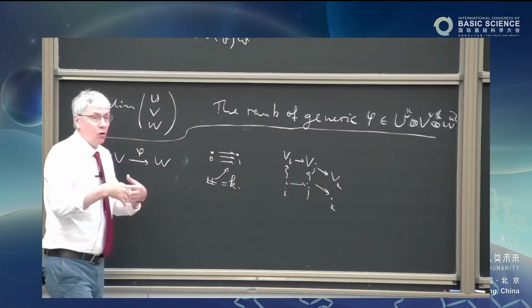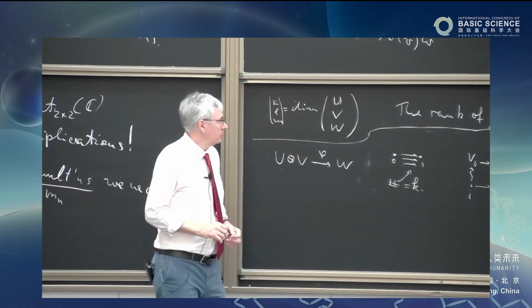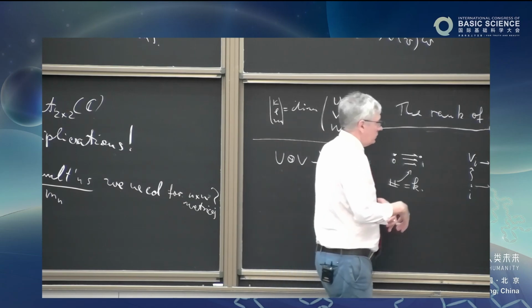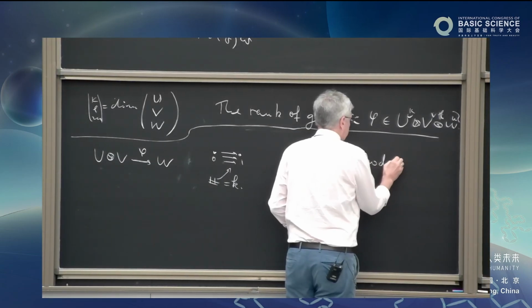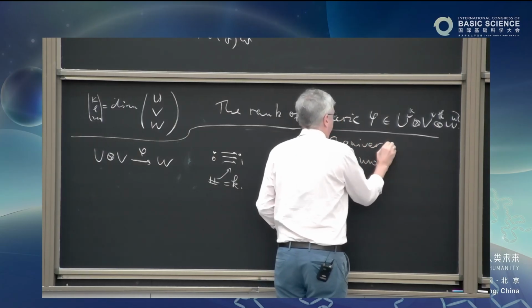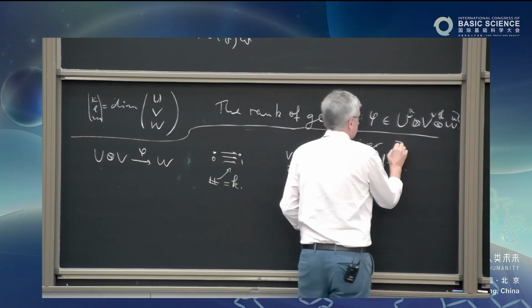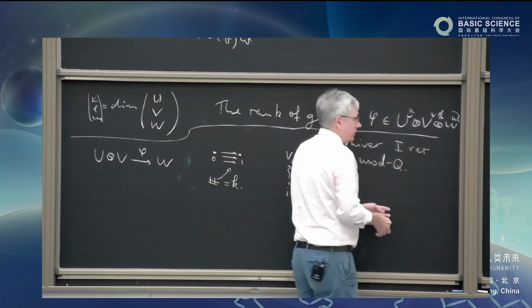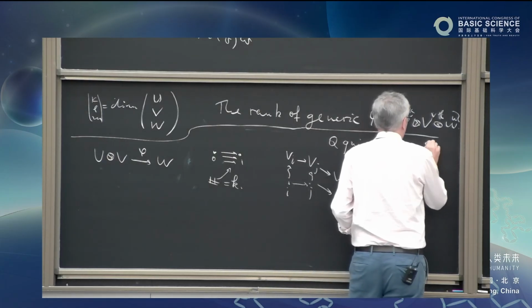So if you consider all representations of a given quiver, probably with relations, Q is a quiver, and I is the relations on the quiver, which are linear combinations of some paths in the quiver.